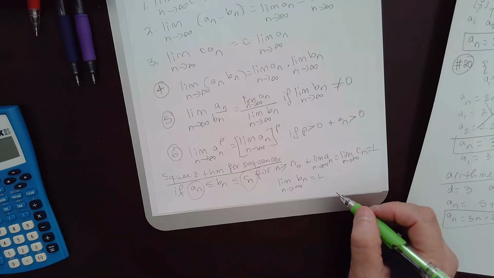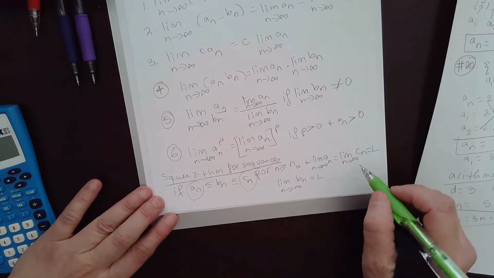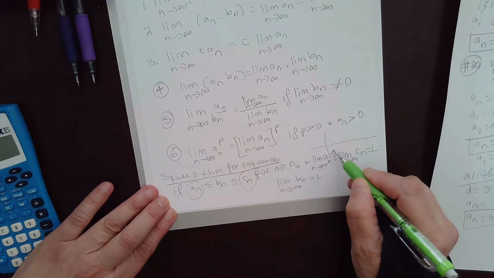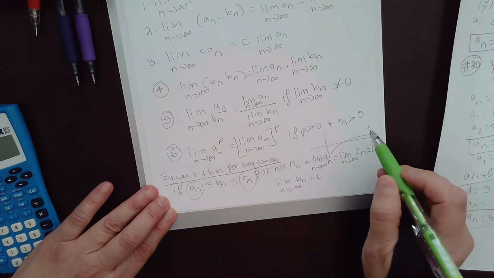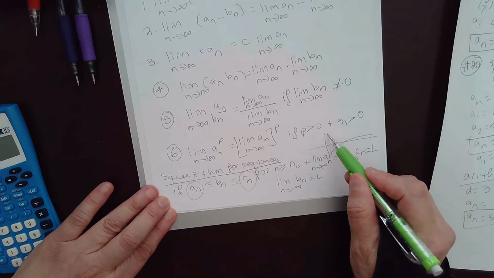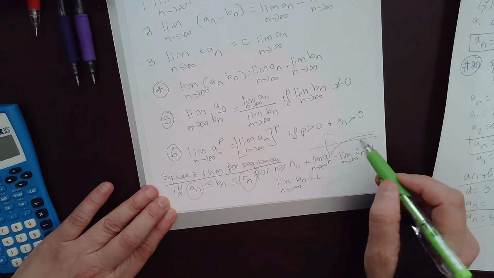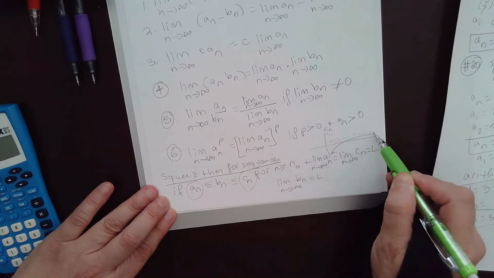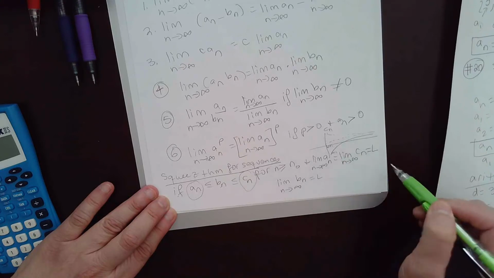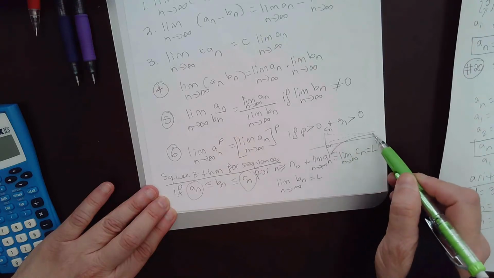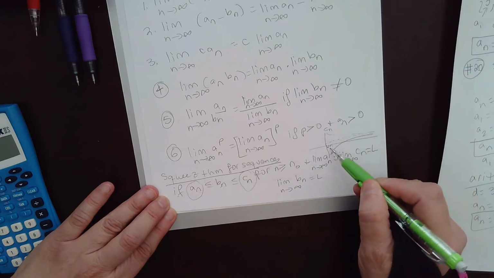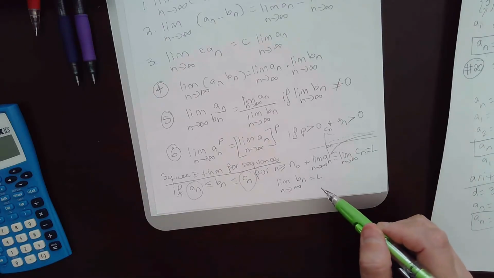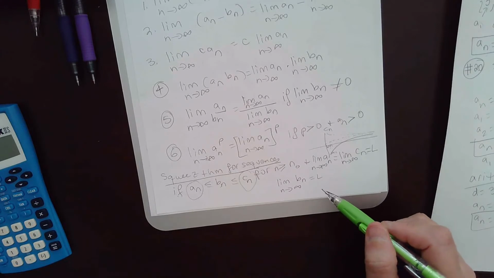An example would be, here is a_n, this is c_n, and this would be b_n. In between these two, this approaches L, this approaches L, and b_n must approach L as n approaches infinity. This is what we call the squeeze theorem.